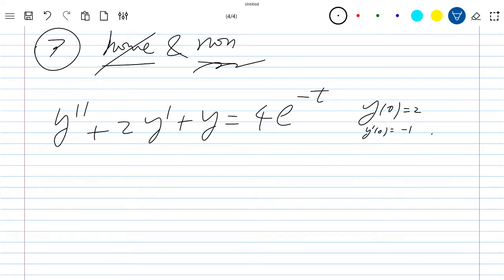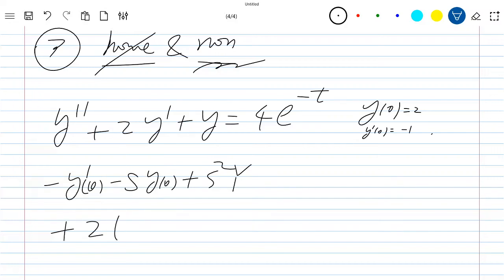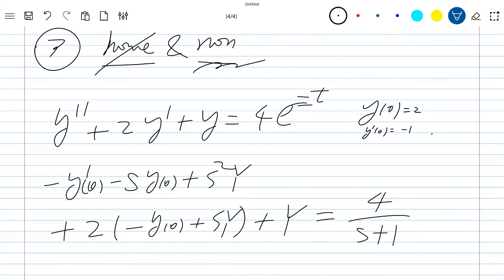Kind of just plug into the formula, right? So you remember this is negative y prime of 0, negative s y of 0 plus s squared capital Y, then I have double of, this is negative y of 0 plus sY, then plus Y, that will give you 4, this is negative, so it's s plus 1, right?